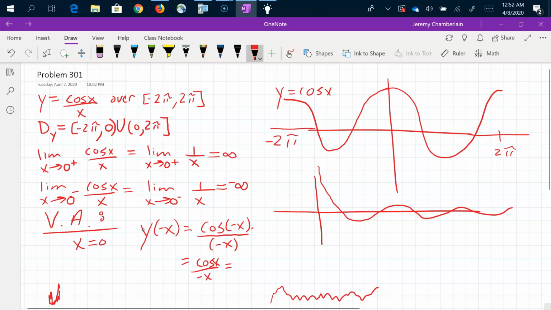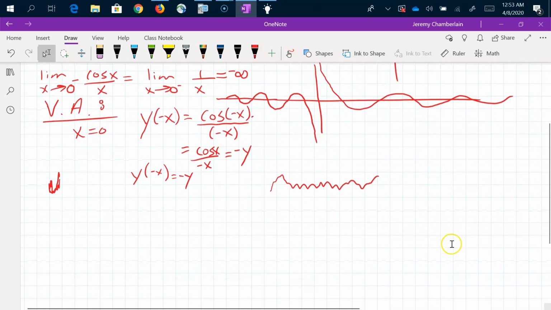So this is really just the opposite of the original function. So this means y at negative x is negative y, which makes this an odd function. So whatever happens on the right-hand side, this will flip the sign on the left-hand side. So it'll come down from below and do the same tapering out on the left.